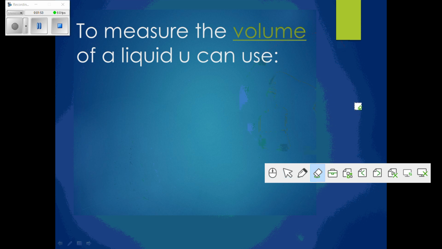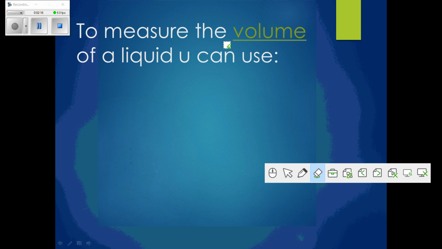So today we want to know how we can measure liquids. People can measure the volume of liquids. Volume. Do you know what we mean by volume? This is what we will talk about in this part of our lesson.